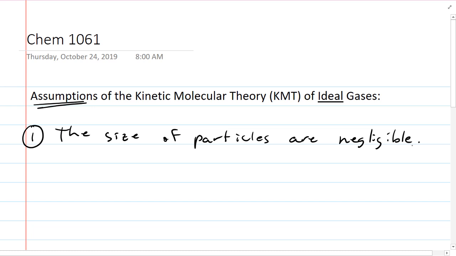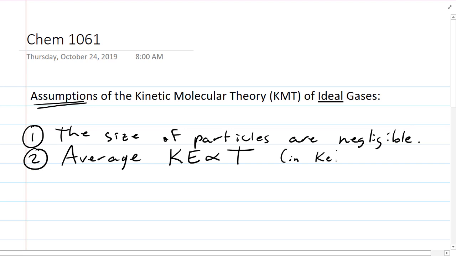In other words, if we have a gas, the assumption we made is we could compress it down to like 0 volume. Okay? And that's what an ideal gas would do. Another assumption that we've made, and we talked about this earlier today, is that the average kinetic energy is directly proportional to the absolute temperature. In other words, it's temperature in kelvins.